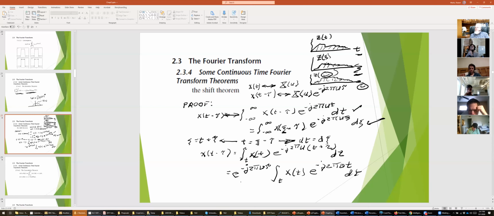So we can break this up into the factor of two exponentials and then factor one of them outside. And we see wonderfully that this is the definition of the Fourier transform. And this integral is the Fourier transform of the signal that we're talking about.